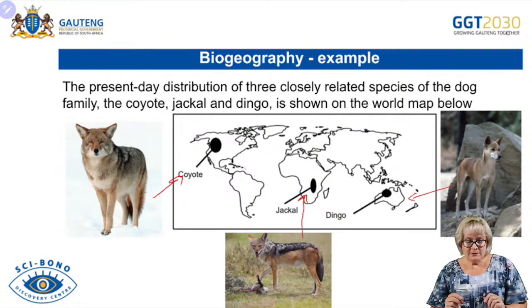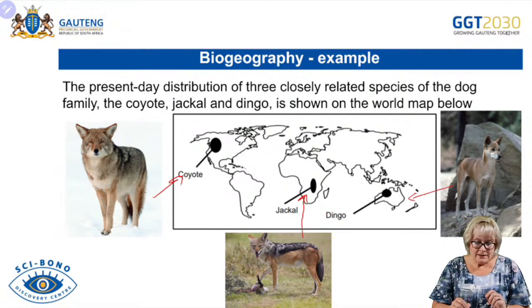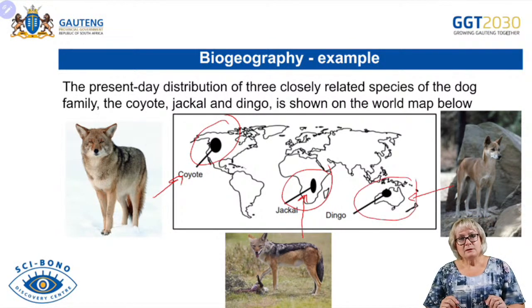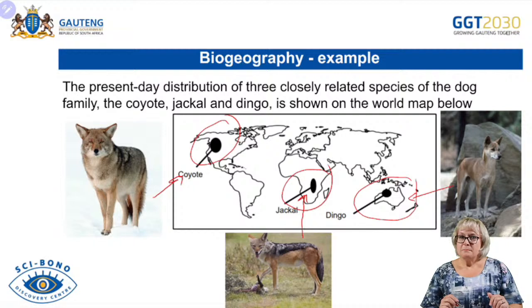And because they now have different environments, they adapted to their environment, and that is why today they look familiar, but there are differences. So that is why we are saying that biogeography can be used to give us evidence that evolution is taking place.